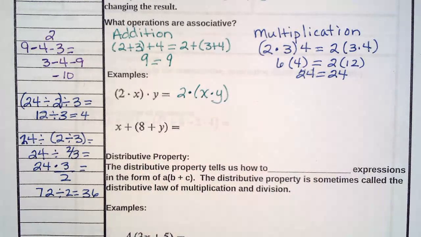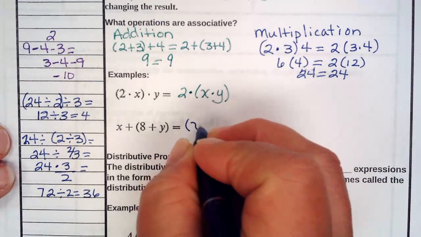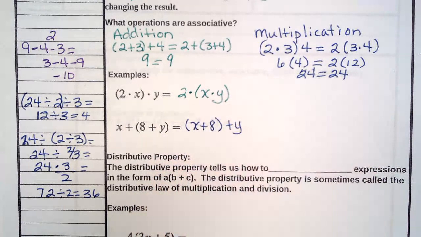I've regrouped. Instead of the first two terms, I've put the last two terms together. Okay, you've got the first example. Can you do this second example on your own? It becomes the quantity of x plus 8 plus y. That's what it looks like.